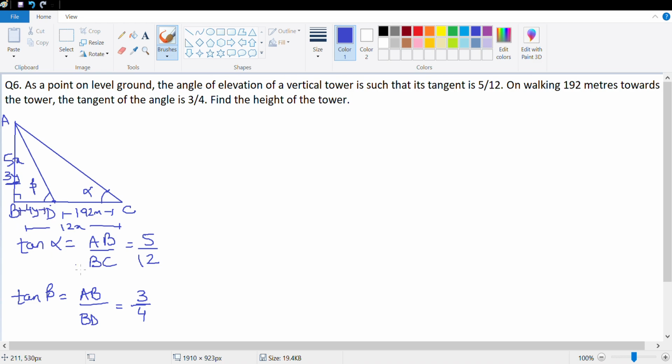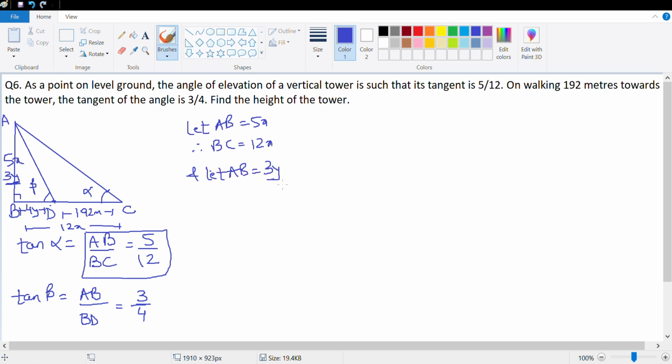I hope you got this point clear. This is AB. From this, AB is equal to 5, but it's not 5, it's a ratio, which means it's 5x. So let AB be equal to 5x, therefore BC is equal to 12x, and let AB be equal to 3y, different variable, and therefore BD is equal to 4y.